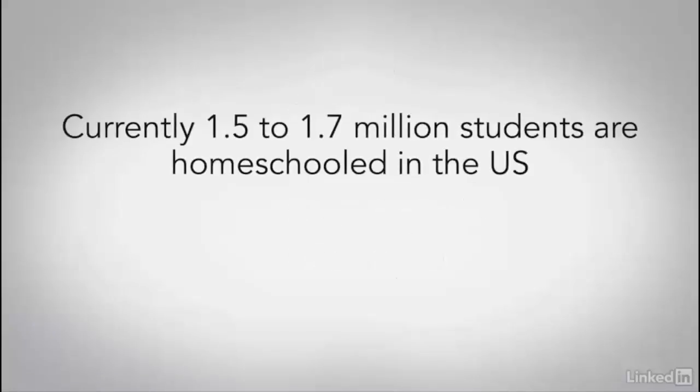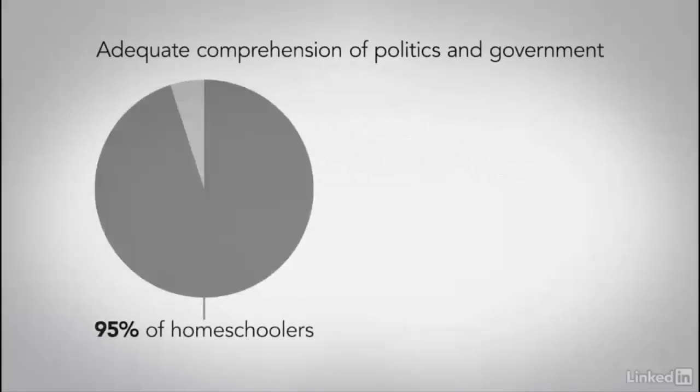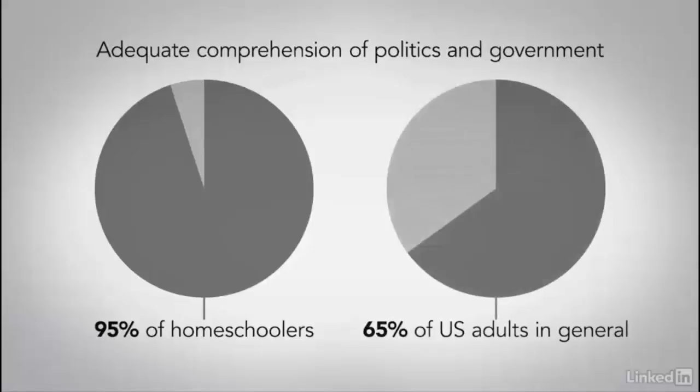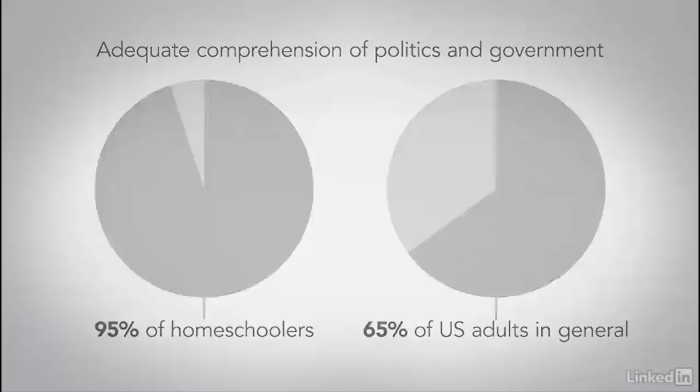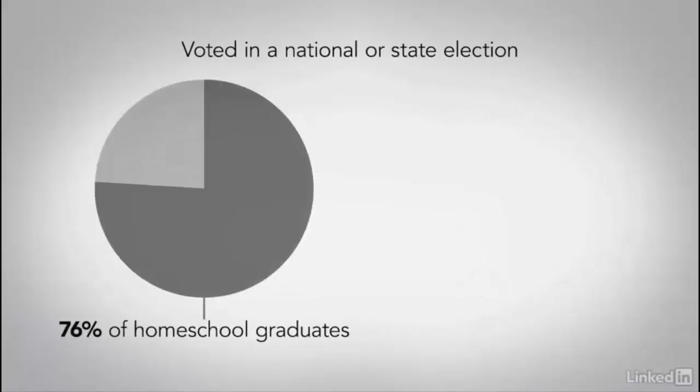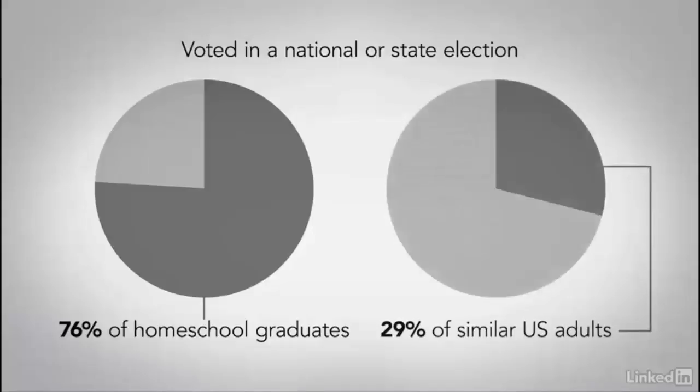Currently, 1.5 to 1.7 million students are homeschooled in the U.S. 95% of homeschoolers had an adequate comprehension of politics and government, compared to 65% of U.S. adults in general. Significantly, 76% of homeschooled graduates voted in a national or state election within the past 5 years, compared to 29% of similar U.S. adults. Those facts about homeschooled students add specific support or depth.